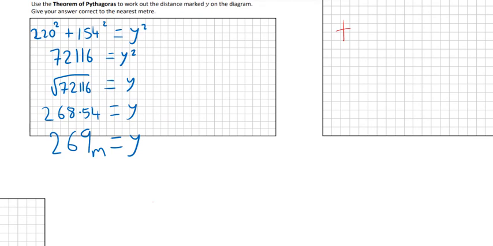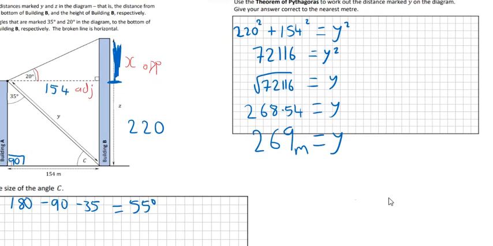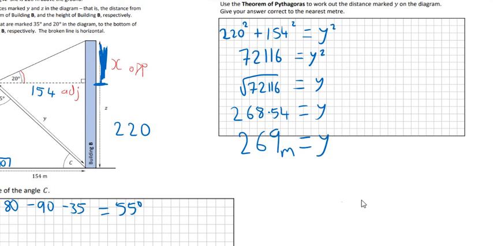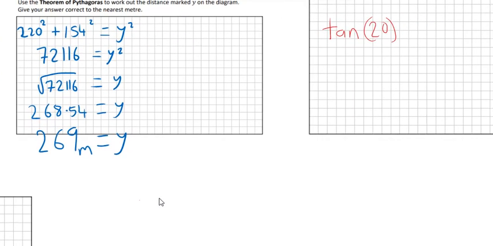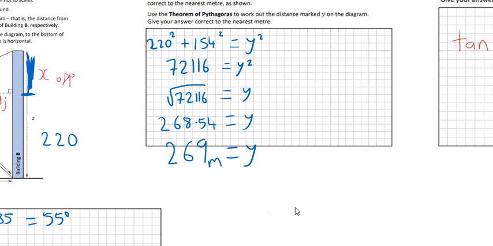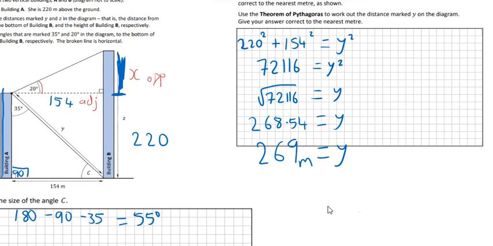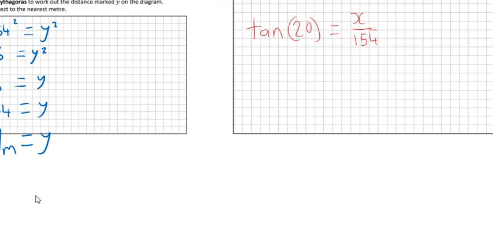So tan of the angle 20 is equal to the opposite, which is x, over the adjacent, which is 154. You need to look back at those three: sin, cos, and tan. Tan is opposite over adjacent. Here we have the opposite, which is what we're trying to find out, and the adjacent is 154.